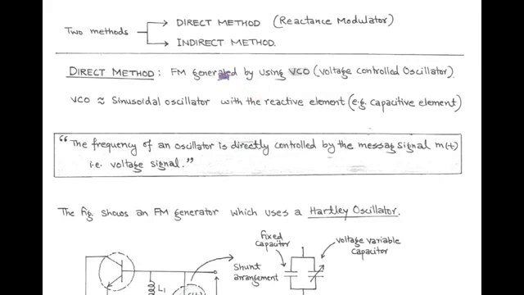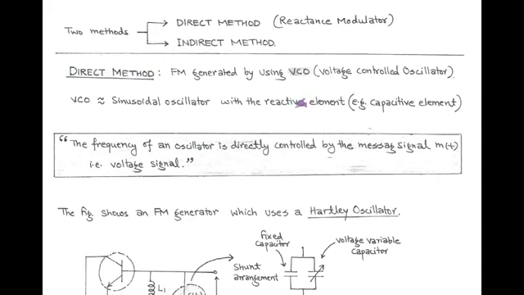In this method, the FM wave is generated by using a device called voltage controlled oscillator or VCO. VCO is basically a sinusoidal oscillator having a capacitor as a reactive element.